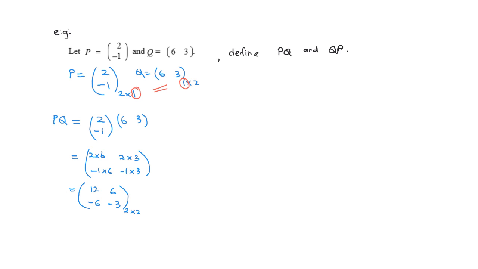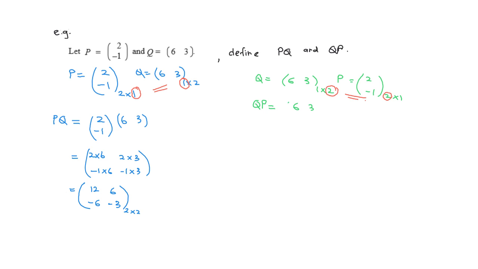Now let's see, we can define QP. We write Q here. Q is [6, 3] and P is [2; -1]. So QP equals [6, 3] times [2; -1]. Let's check the order first. The order here is 1 by 2 and here 2 by 1. So columns equal to rows here. We can define QP.